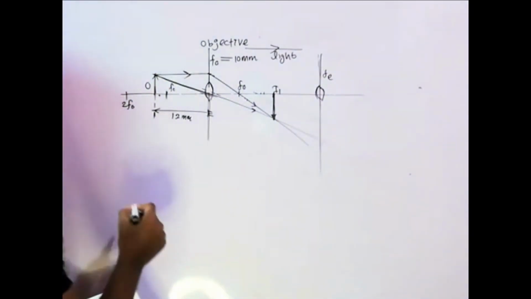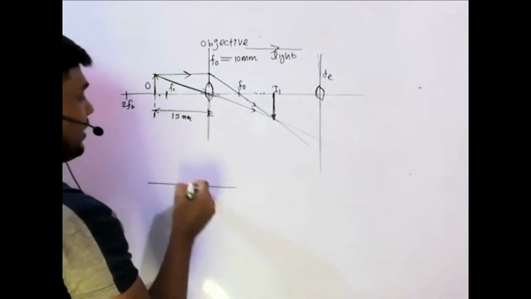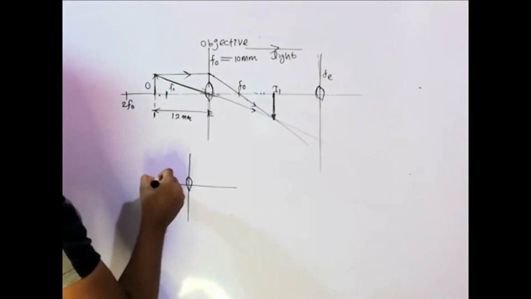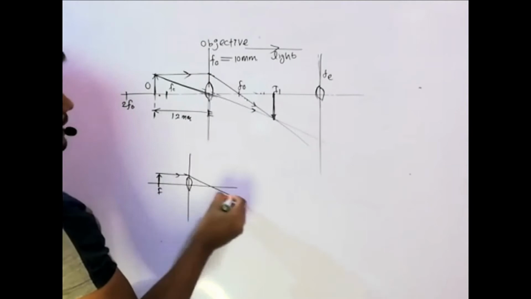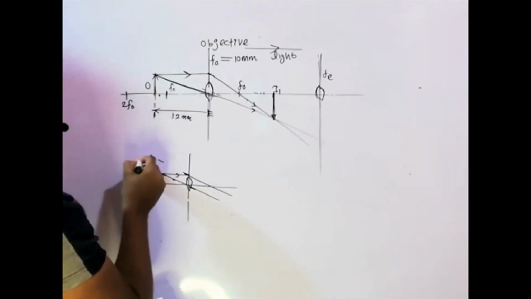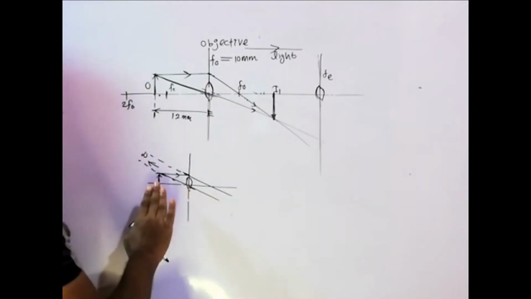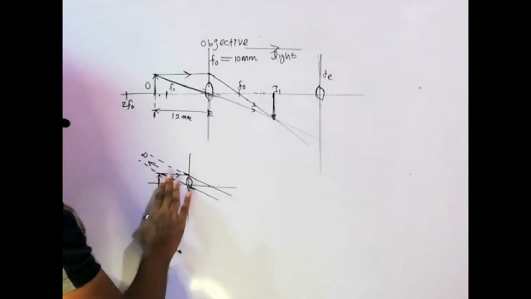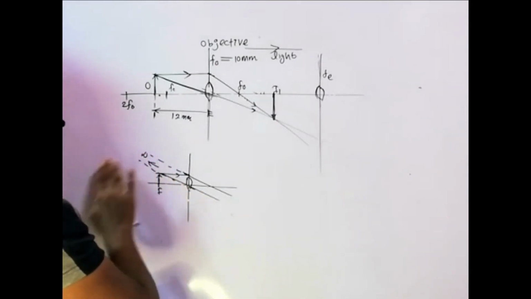Because we know, you learned that whenever an object is kept at the focal point, then you would get an image at infinity. Whenever your object is at the focal point, the final image is at infinity.